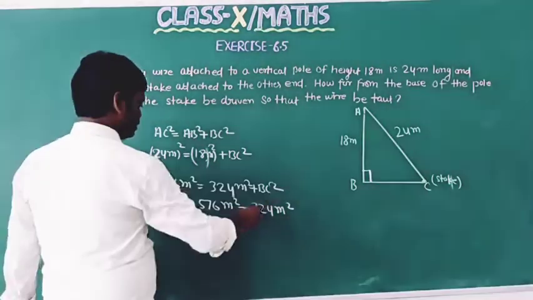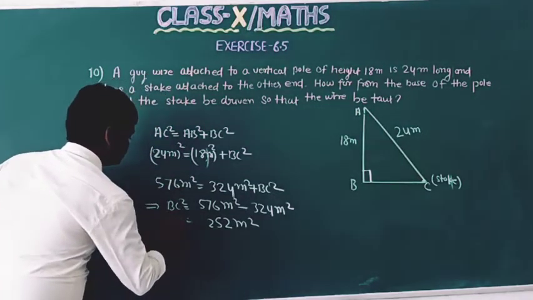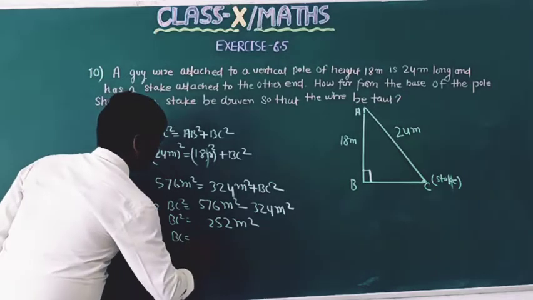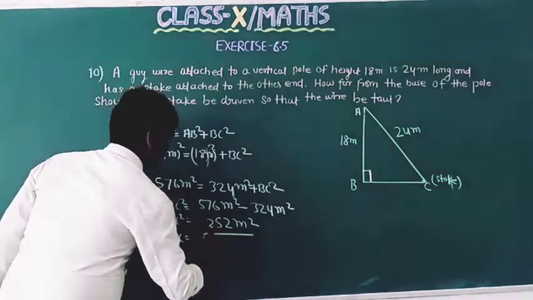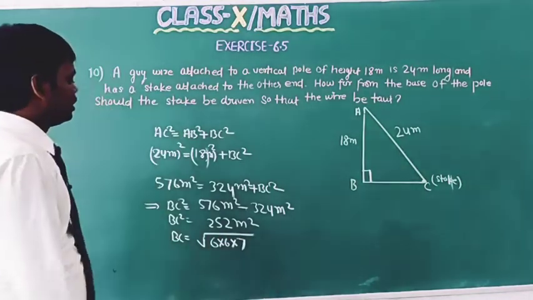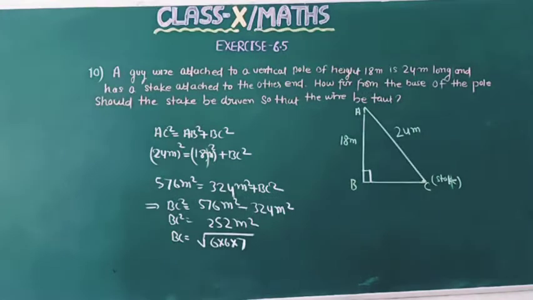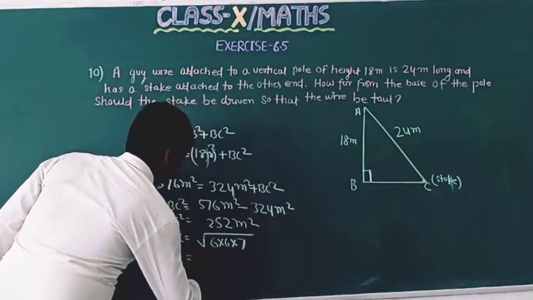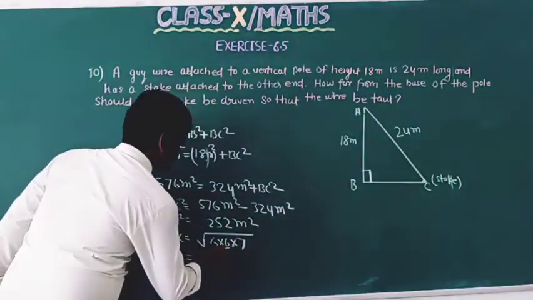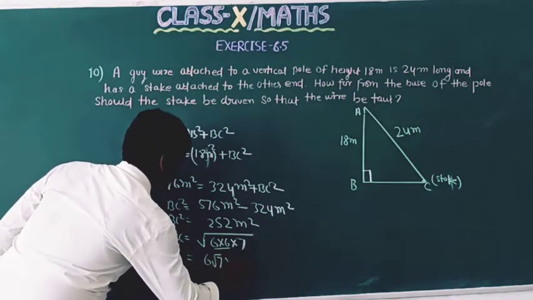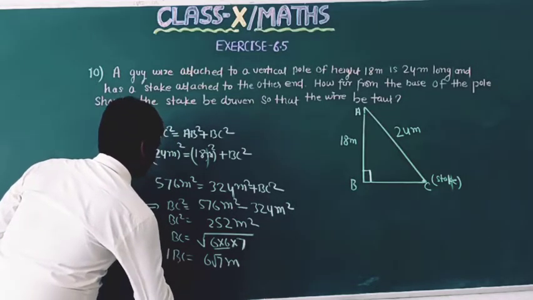This is BC square equal to 6 into 6 into 7, and after simplification we will get 6 root 7 meter as the value of BC.